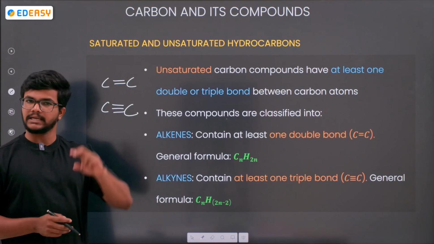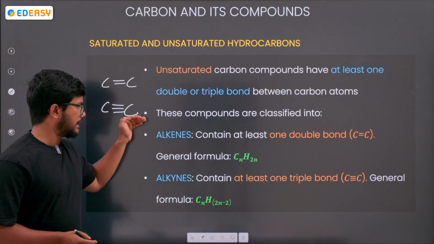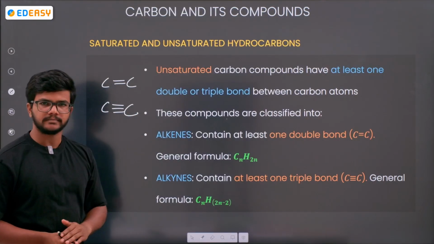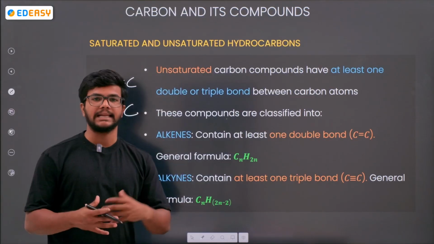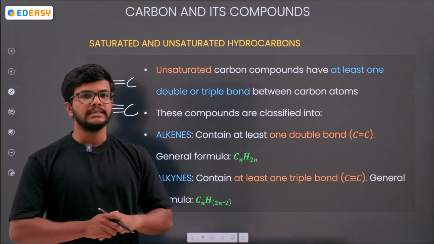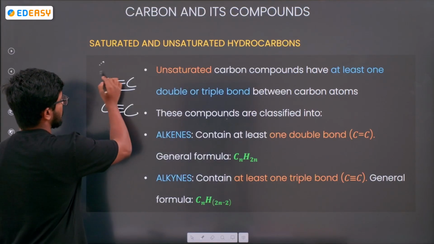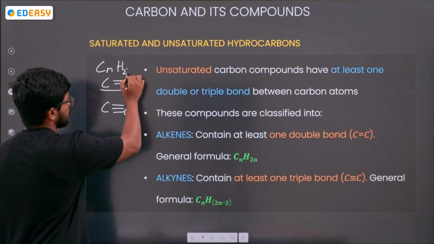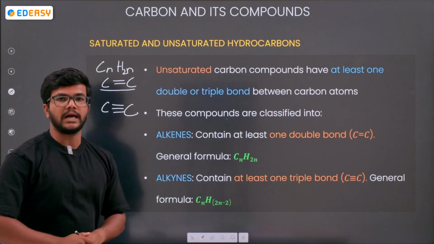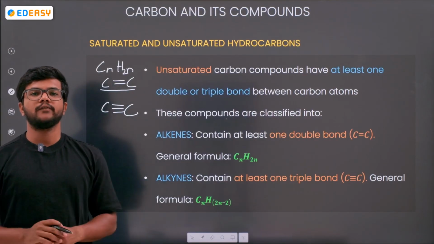Unsaturated hydrocarbons are classified into two types: alkenes and alkynes. What are alkenes? Alkenes are double bonded carbons, and the general formula is CnH2n. So for n number of carbons, we need 2n hydrogens.